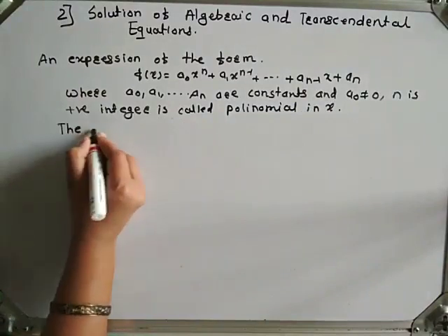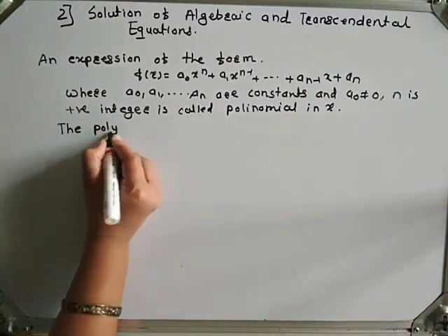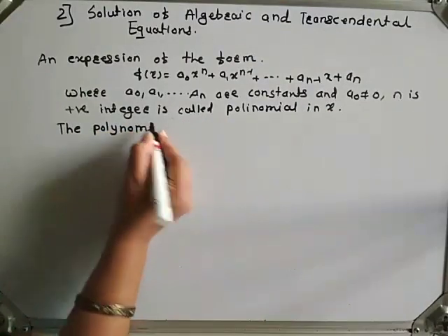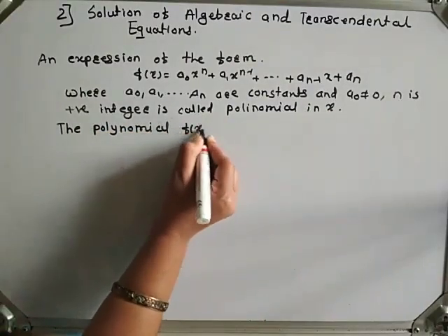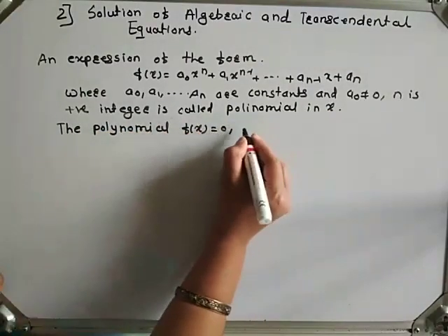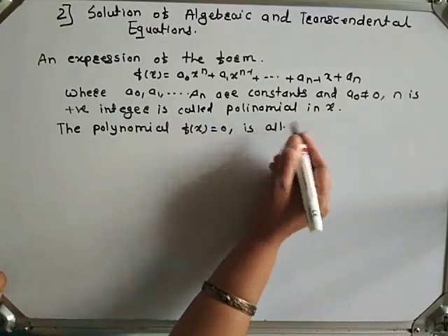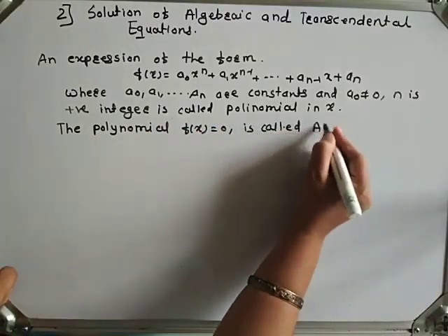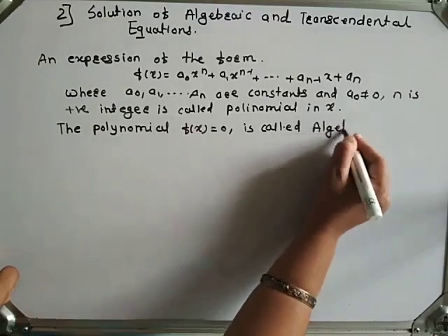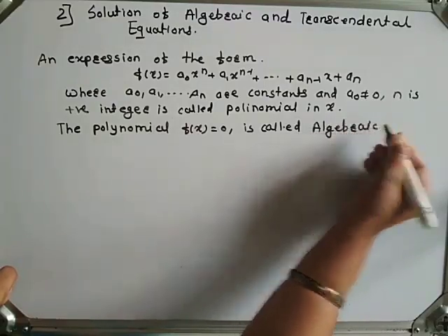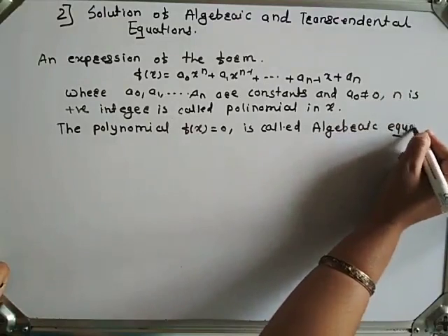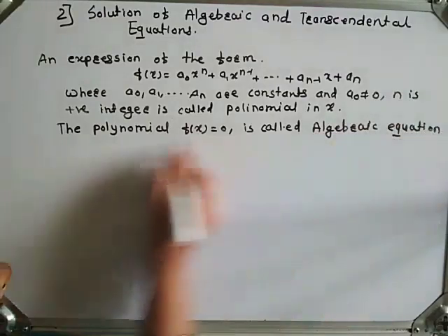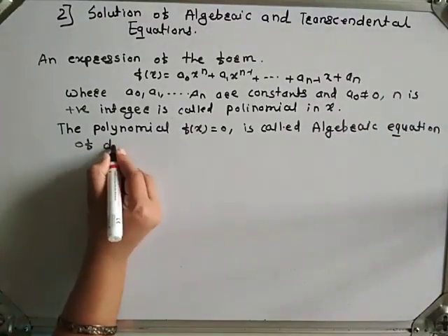And the polynomial f of x equal to 0 is called an algebraic equation of degree n.